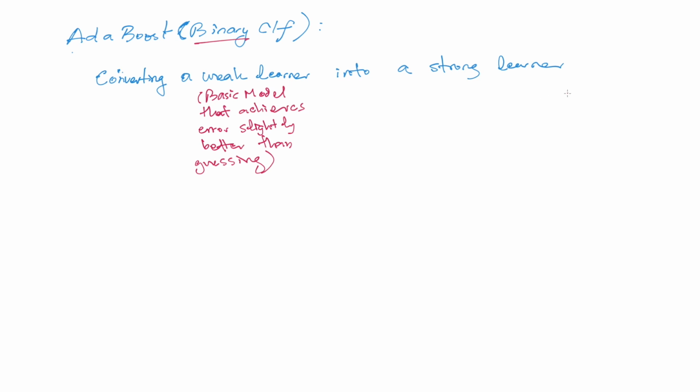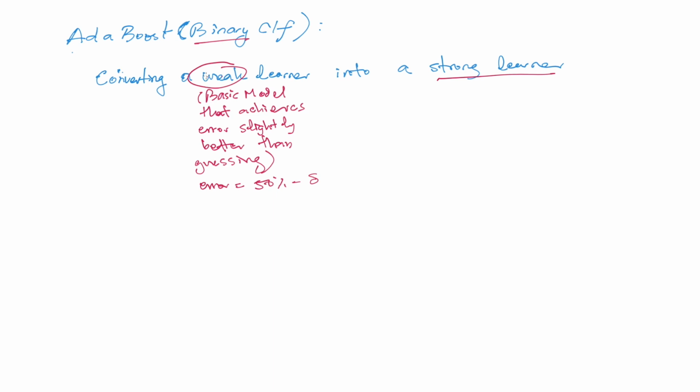And so the error rate from guessing would just be 50%. So this has to be slightly better than 50%. So the error would be 50% minus delta, where delta is some small number. Okay, that's a weak learner. So a weak learner is any really basic model that's just slightly better than guessing. And a strong learner, well, just from the name, a strong learner hopefully is an algorithm that is able to get an error rate that's much lower than 50%.